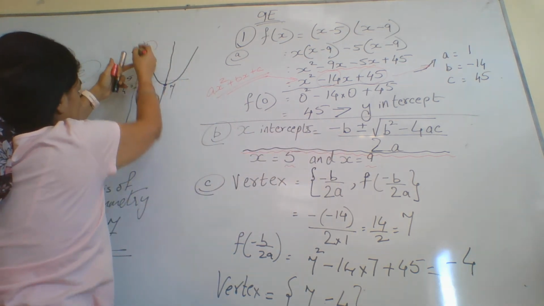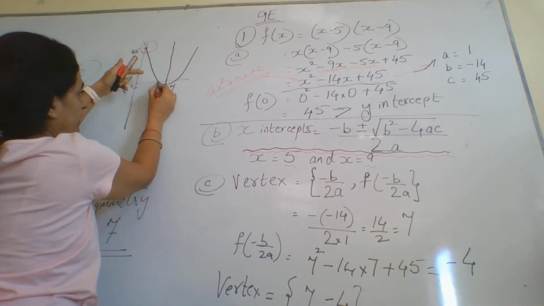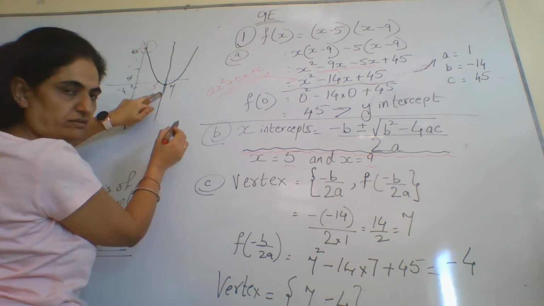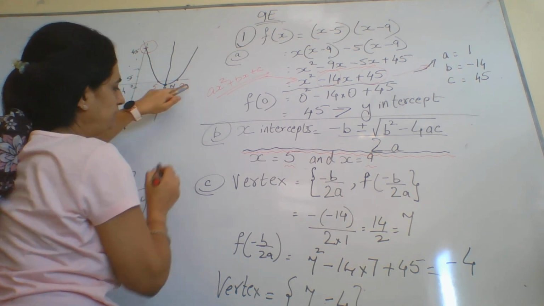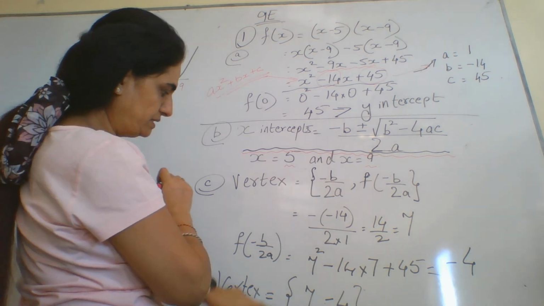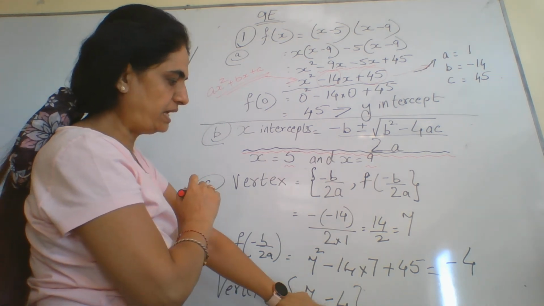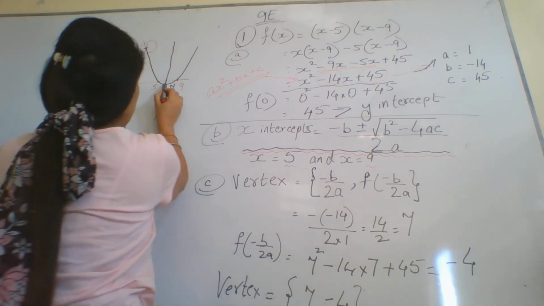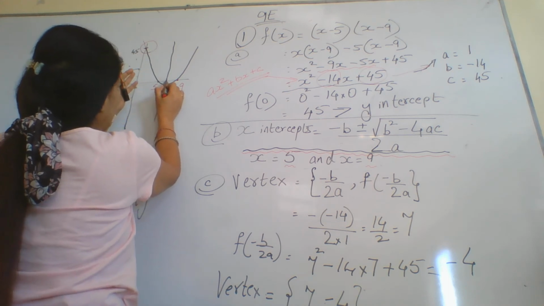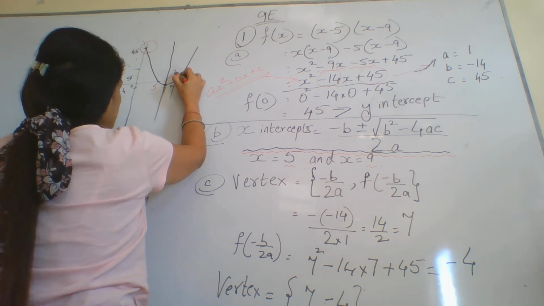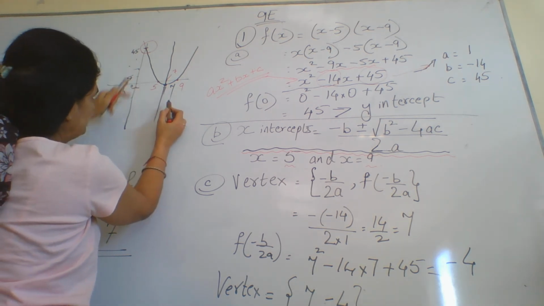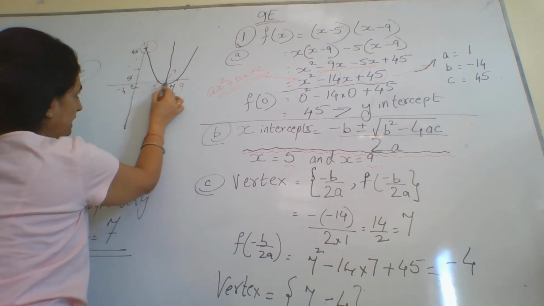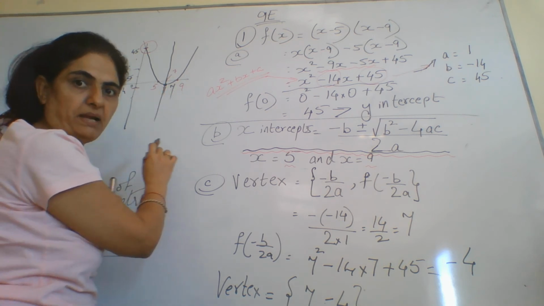That means this graph, the parabola, will touch at 5 and the second point will be 9. The third thing is the vertex is at 7 and minus 4. So the vertex, this middle point here, is 7, and on the y-axis it is minus 4. There you have to draw this parabola.